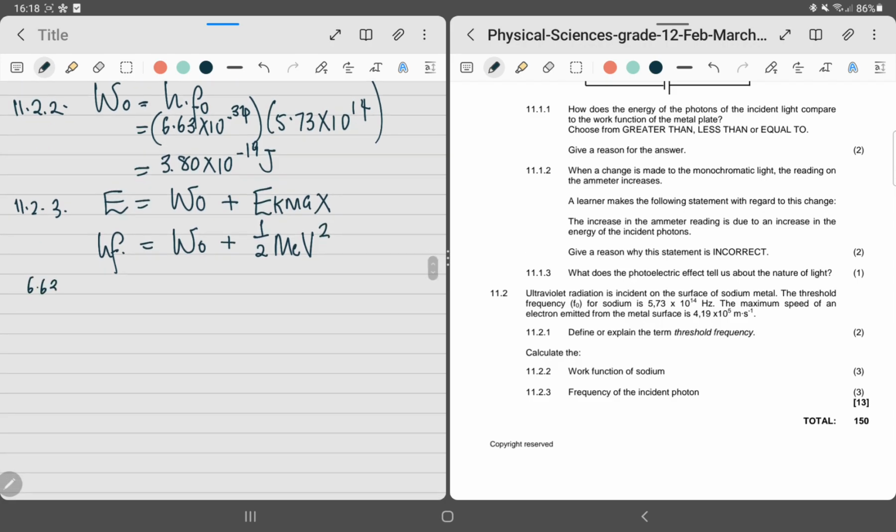This is 6.63 times 10 to the negative 34, times the frequency, equals the work function 3.80 times 10 to the negative 19, plus half, 9.11 times 10 to the negative 31, and the speed is given as 4.19 times 10 to the exponent of 5, all squared.